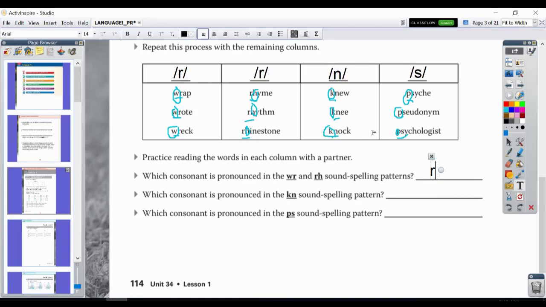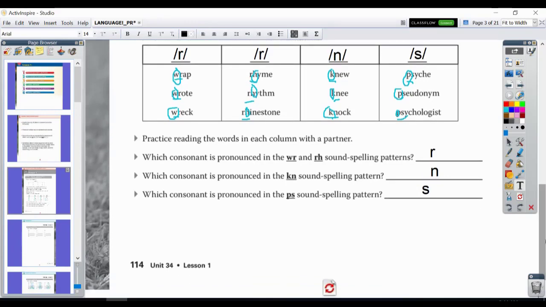New, knee, and knock. We only hear the N. Let's write N. Which consonant is pronounced in the PS sound spelling pattern? Psyche, pseudonym, psychologist. We only pronounce the S in that.